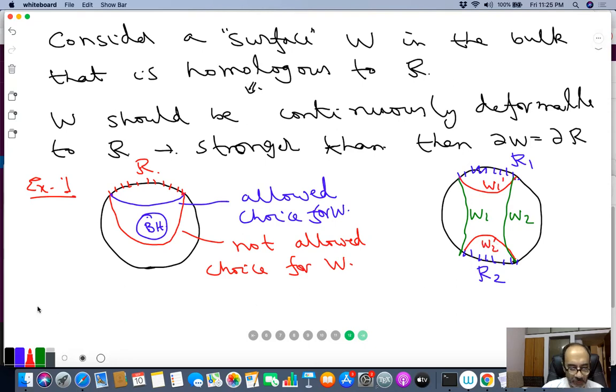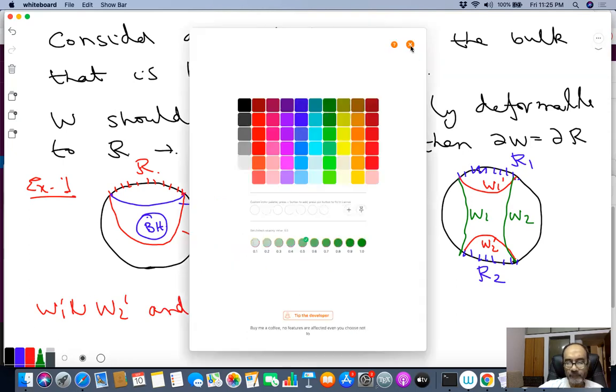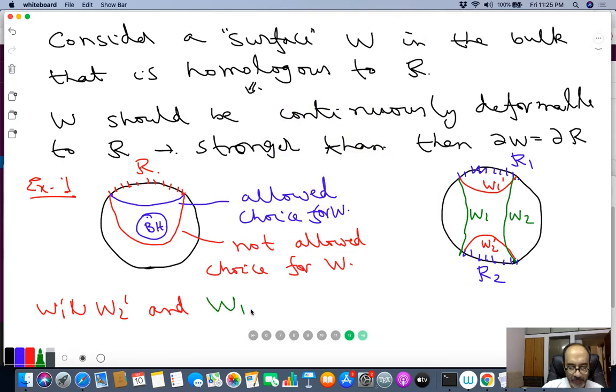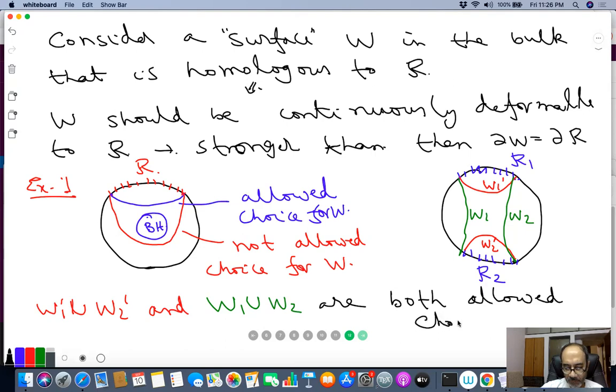So W1 prime union W2 prime, and the other one, W1 union W2, are both allowed choices.